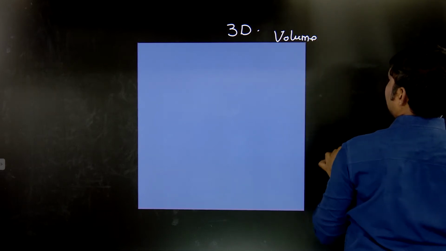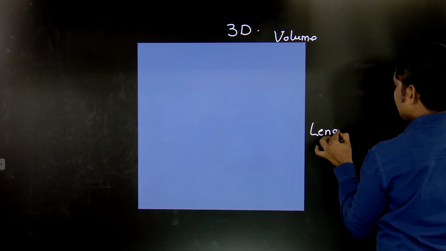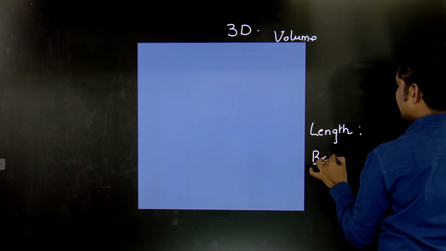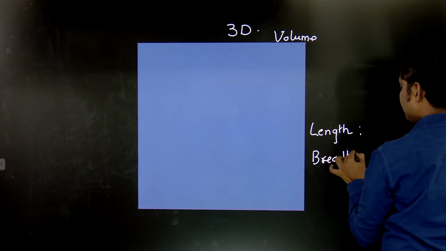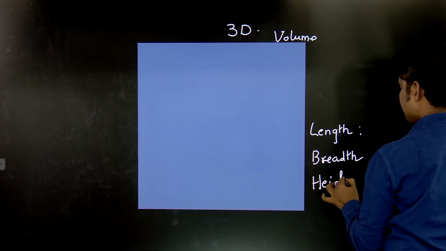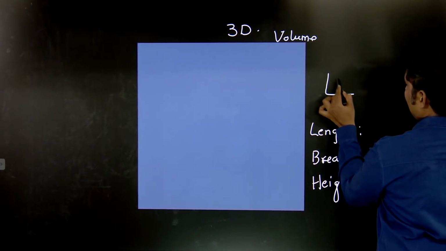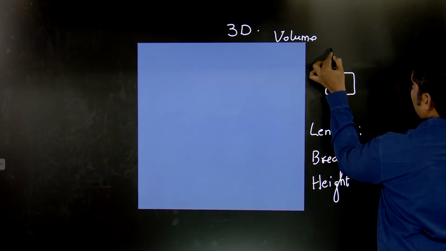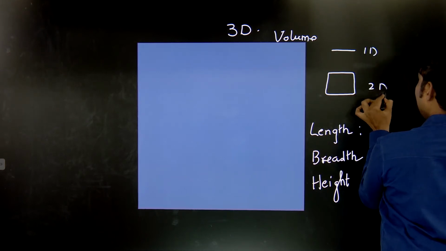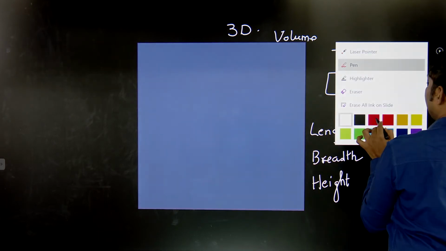If you take length, breadth, height: for length, this is 1D, then 2D, and now you can extend that.